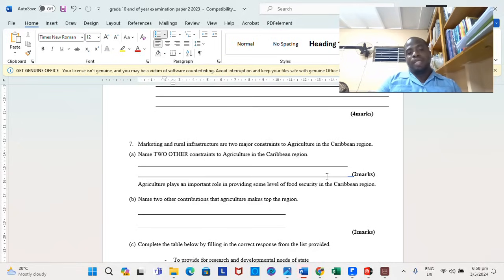Next, it says, agriculture plays an important role in providing some level of food security. Now, food security is the availability of food to persons. Persons have access to food, right, in the Caribbean. Name two other contributions that agriculture makes to the region. Definitely, when you look at agriculture, you know that countries will export their crops.